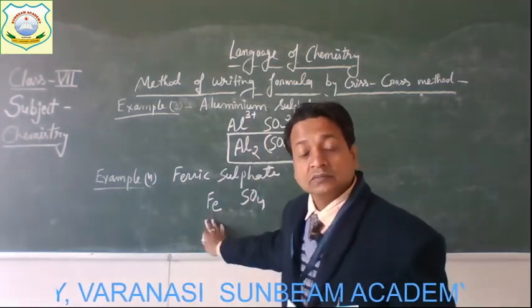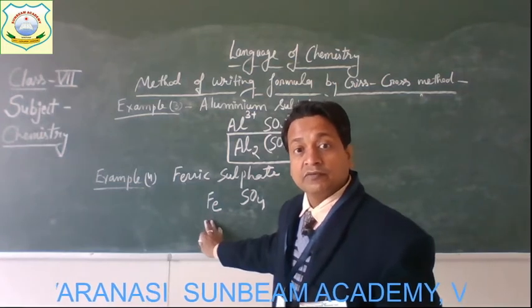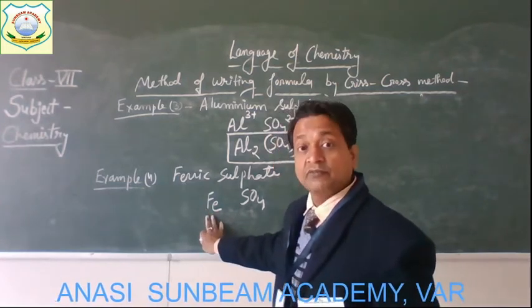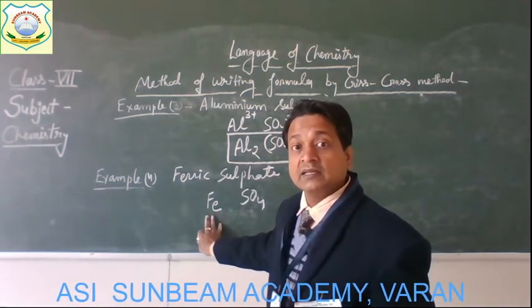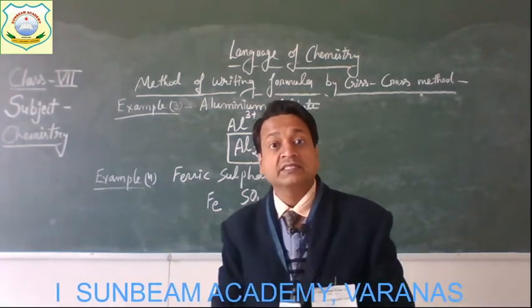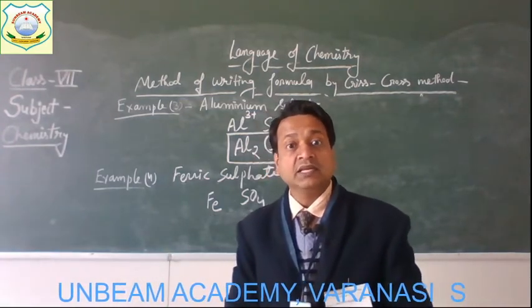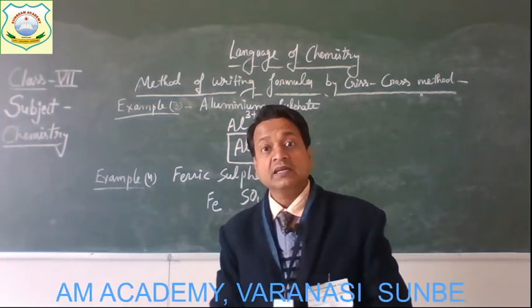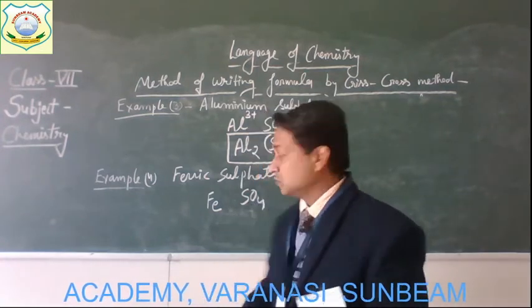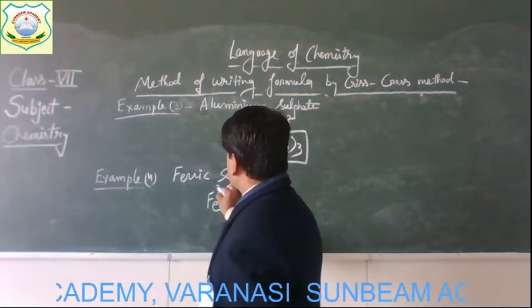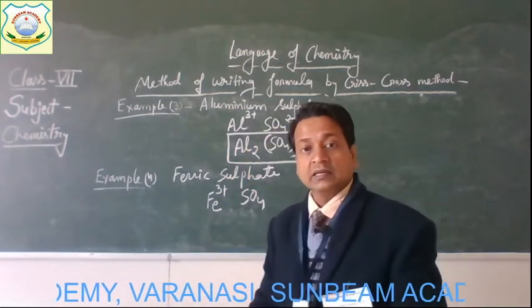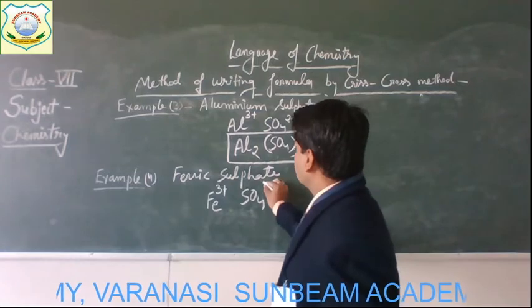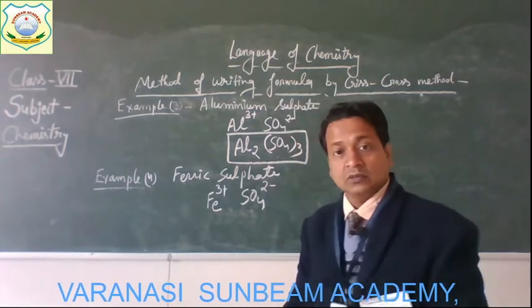Now the valency of ferric, this iron, ferric indicates that the valency is +3, whereas the ferrous has the valency +2. So the ferric has the valency +3 and the sulfate -2.